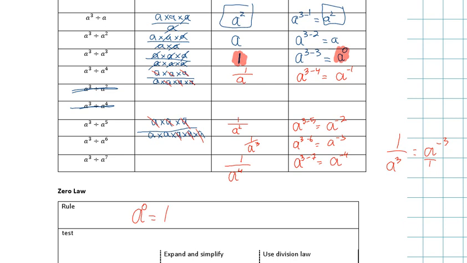And the reason for that is because I'm dividing the same thing by itself. Anything divided by itself is 1. Are we okay with this?